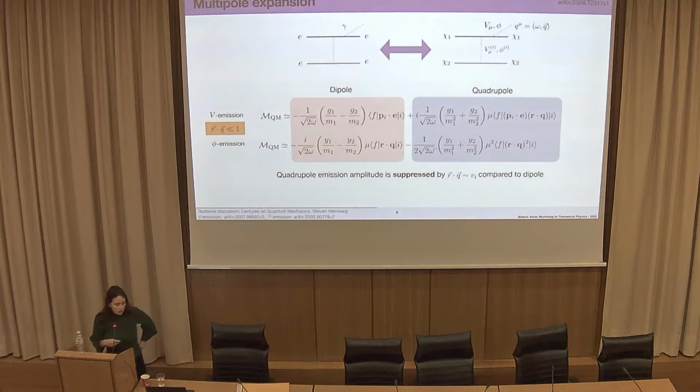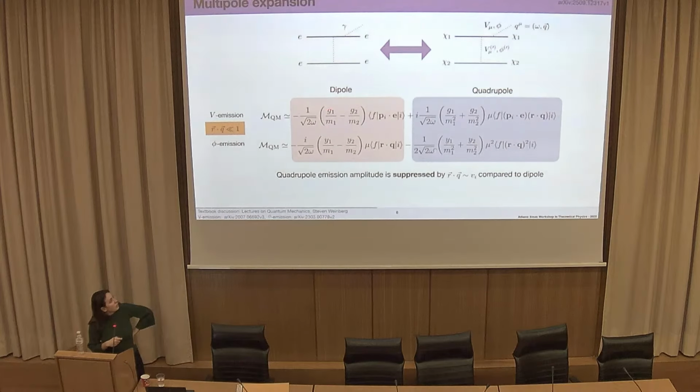This non-relativistic framework is also interesting because it allows us to apply our physical intuition to a process that I'm sure most of you already know, the Bremsstrahlung, so the emission of a photon in electron-electron or electron scattering processes, where the emission amplitude is usually expanded in terms of multipoles.